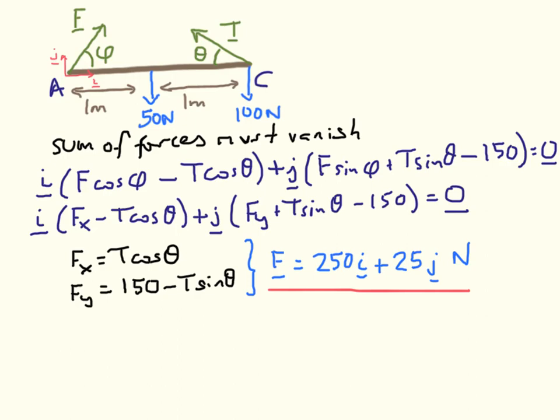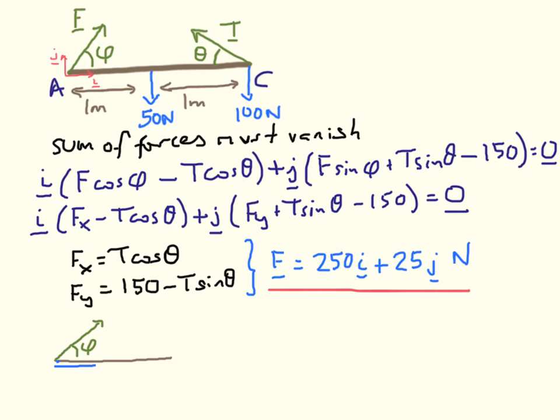So if we want to work out now what the force is in terms of a magnitude and an angle, the simplest thing to do is to draw a diagram. So this is the rod. We've also got the force acting this way at our angle phi, and this force is built up out of two components.